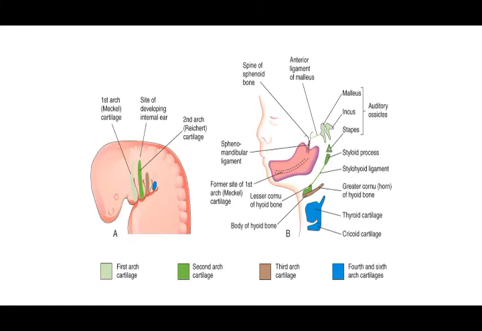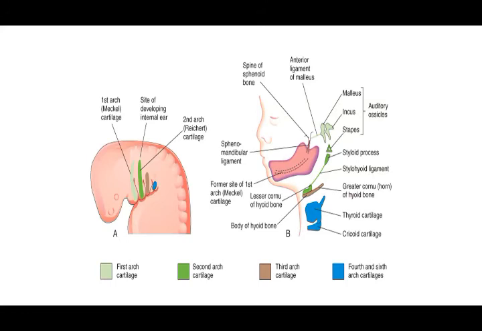Then this is Meckel's cartilage. The sphenomandibular ligament, as you can see, and the bone that is there, these are being formed, and the ligaments. The dorsal aspect was forming the malleus and the incus, and the front portion is intramembranous, going to form from the first arch.